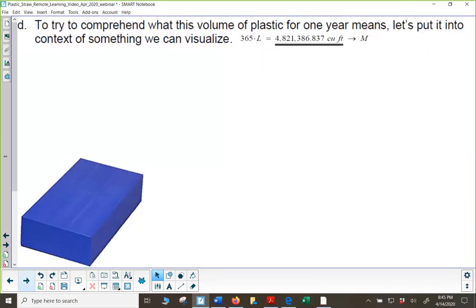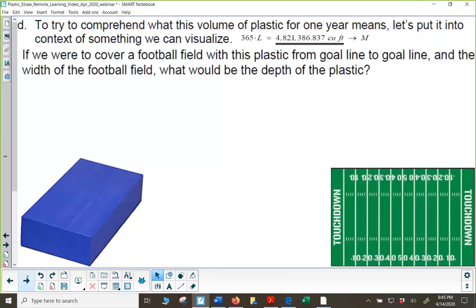So part D says, to try to comprehend what this volume of plastic in 1 year means, let's look into something we can visualize. All right. So here I have a rectangular box. This is a rectangular solid, right? What I want to do is cover a football field with this melted plastic in a type of box, from goal line to goal line and the width of the football field.